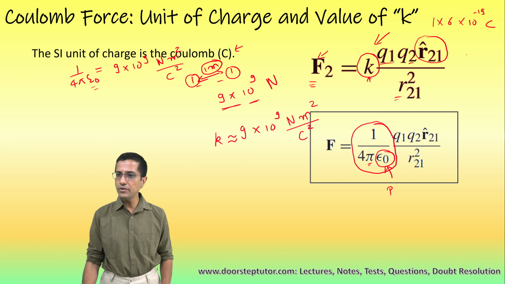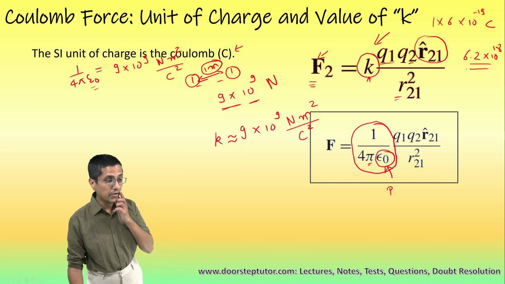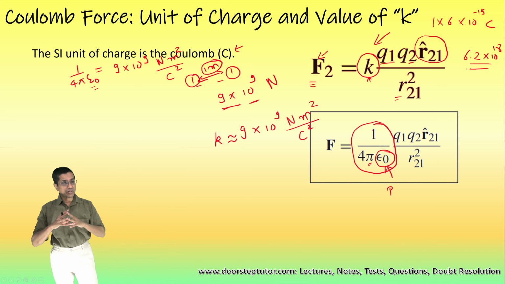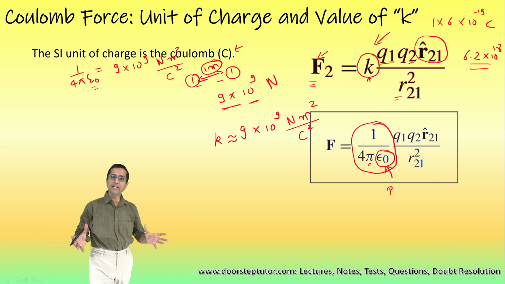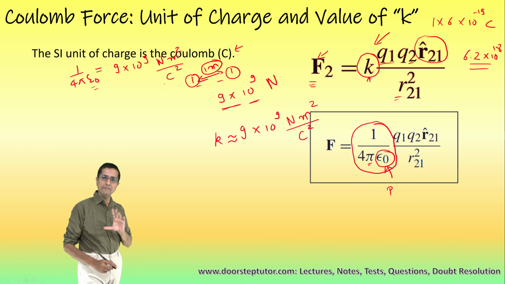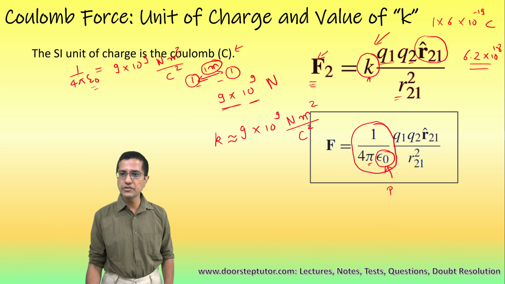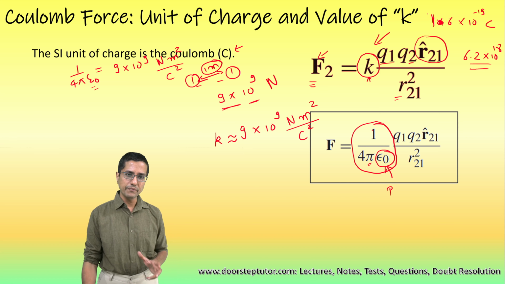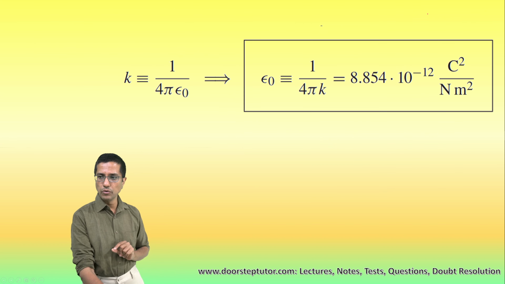So if I were to take 6.2 into 10 raised to power 18 electrons, then the charge contained within these many electrons will be equal to 1 Coulomb. So this is another way of defining 1 Coulomb.